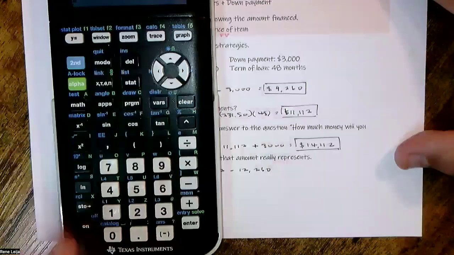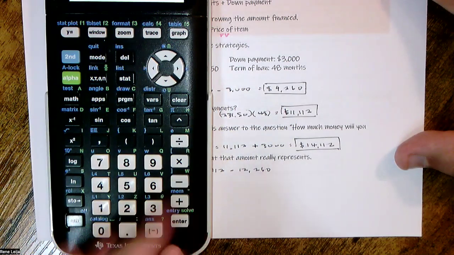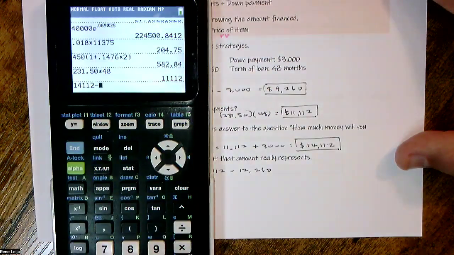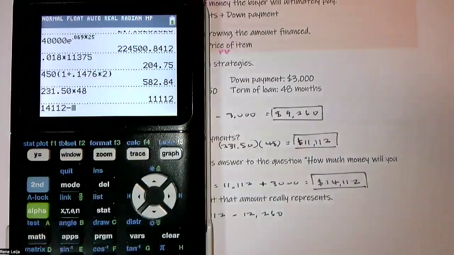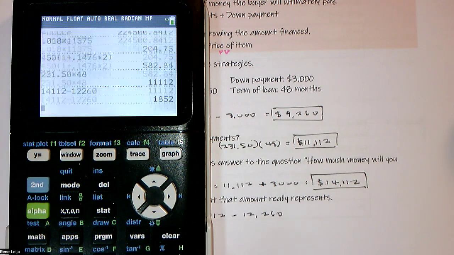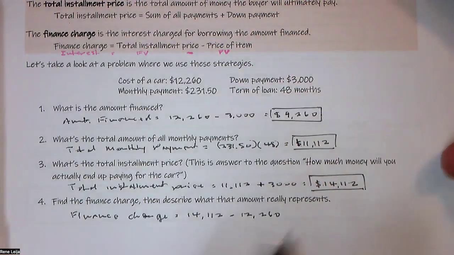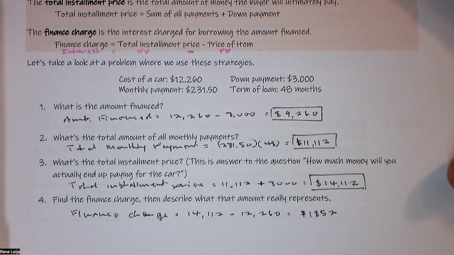So we're just going to subtract 14,112 minus 12,260. So it's 1852. All right, that's our finance charge.